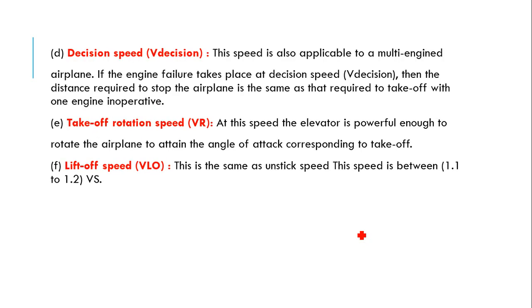The decision speed is the speed at which the decision is taken during a one engine inoperative condition on the ground. Then next is the lift off speed, the speed at which the aircraft lifts off from the ground.